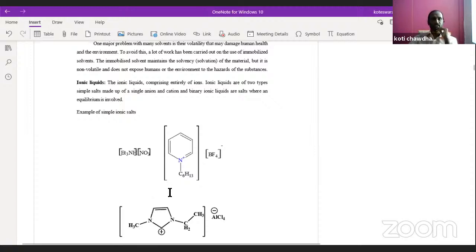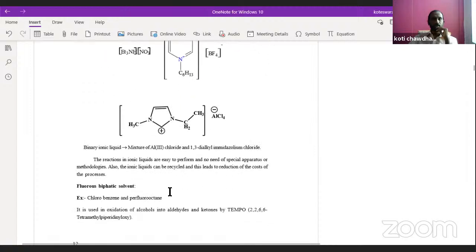These ionic liquids are helpful in achieving green conditions. Reactions in ionic liquids are easy to perform and need no special apparatus or methodologies. Also, ionic liquids can be recycled, which reduces the cost of the green process. Whenever we use ionic liquids in a reaction, they perform very effectively. We can recover them and use them in other reactions.